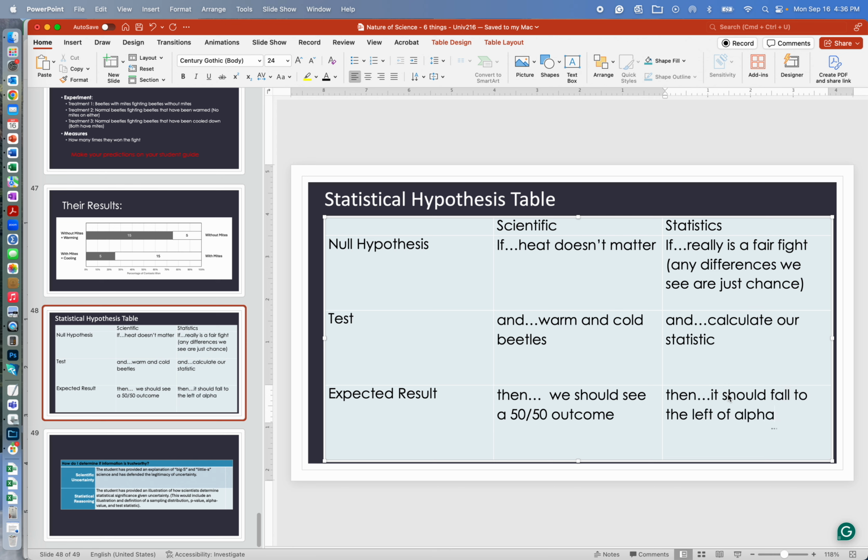So in our distribution, it should be far within the sampling distribution. It should not be out in the tail. But if it is out in the tail, then we can reject our null hypothesis and say, you know what, heat probably matters.